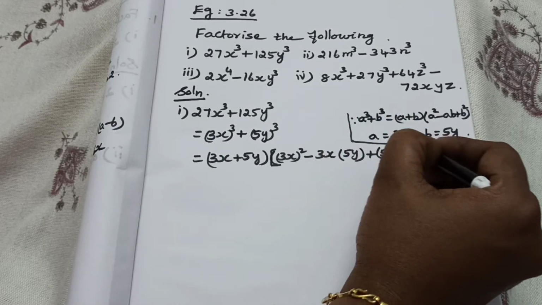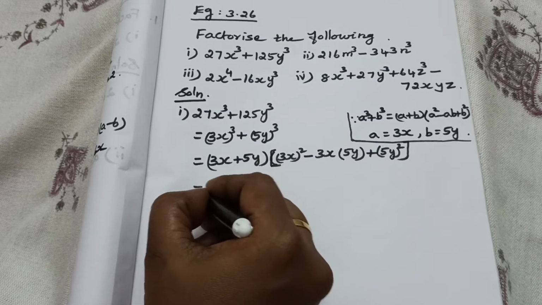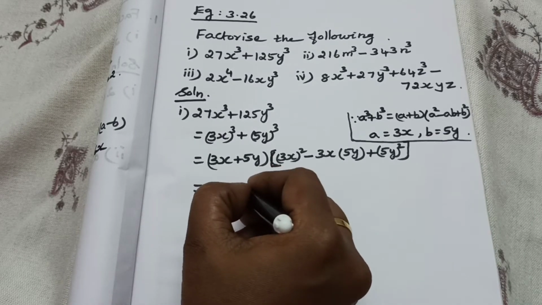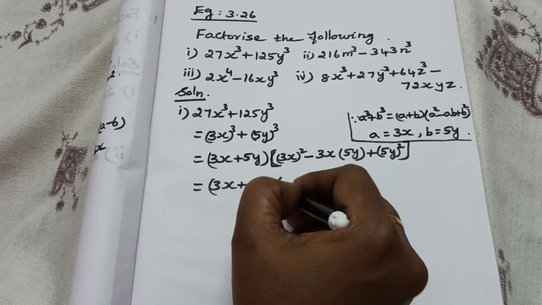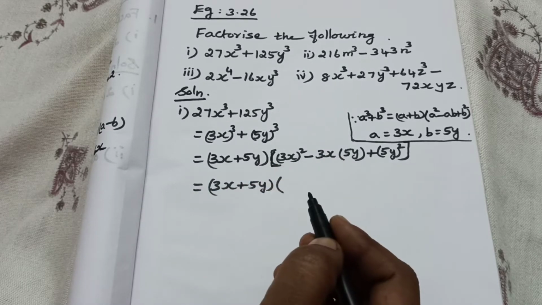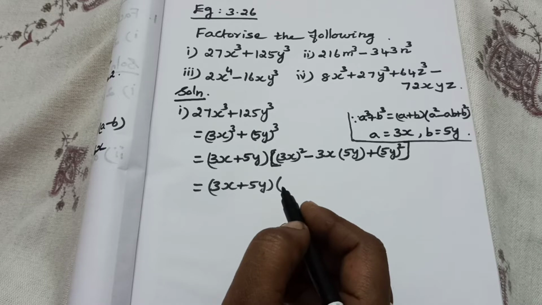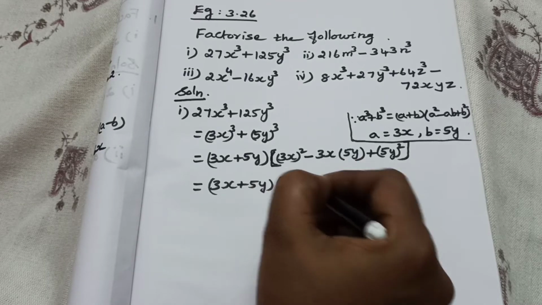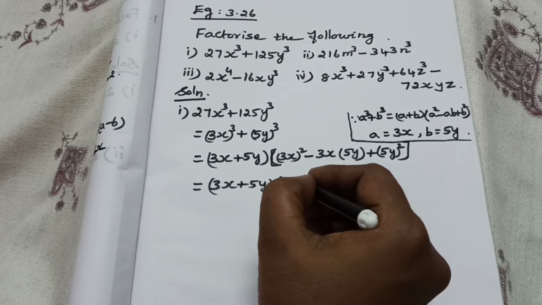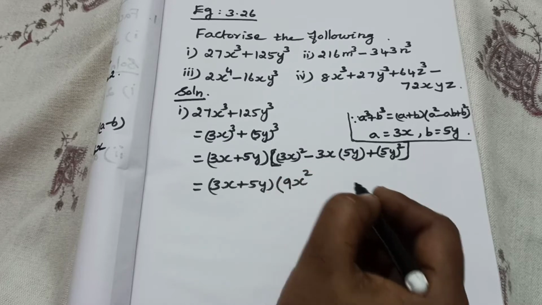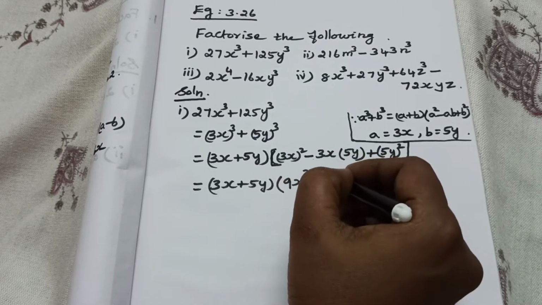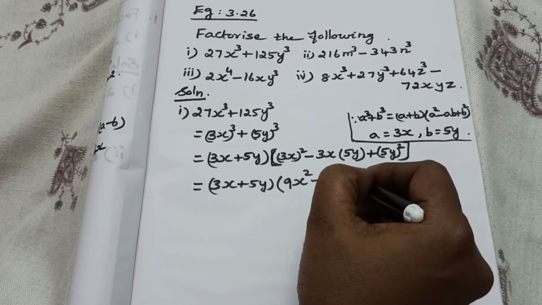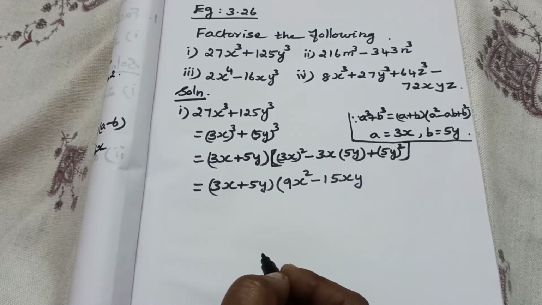Any doubt? Very clear? Then equal to 3x plus 5y into 3x the whole square is 3 3s are 9, isn't it? 9x square. Very good. And minus 3 5s are 15xy.